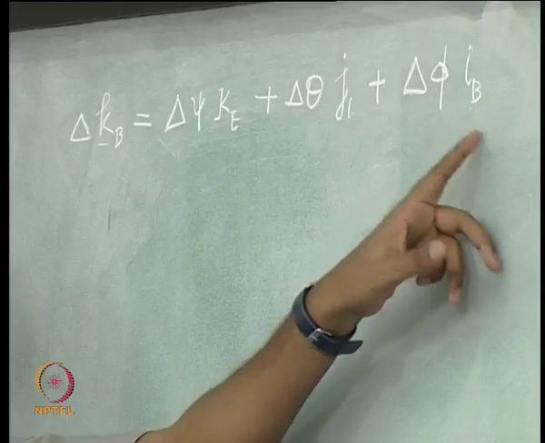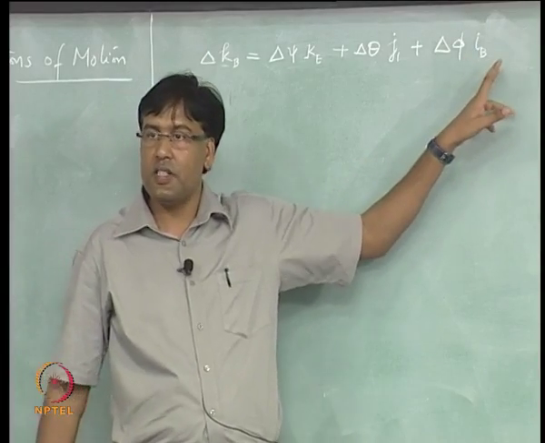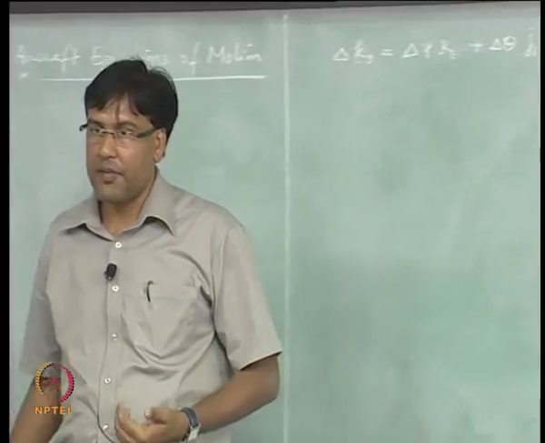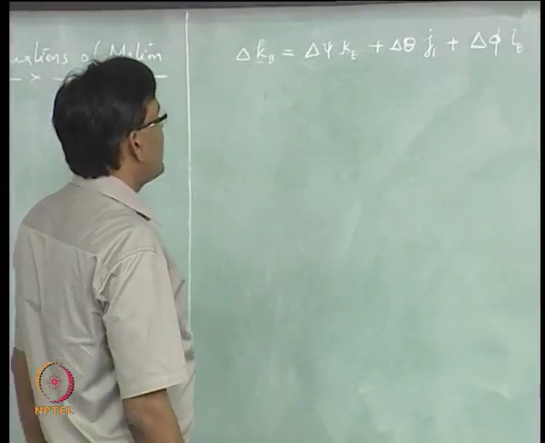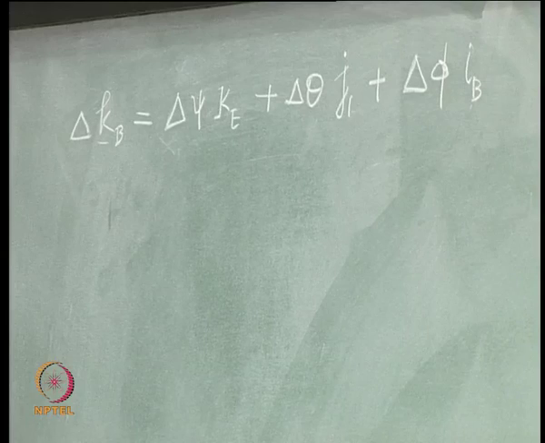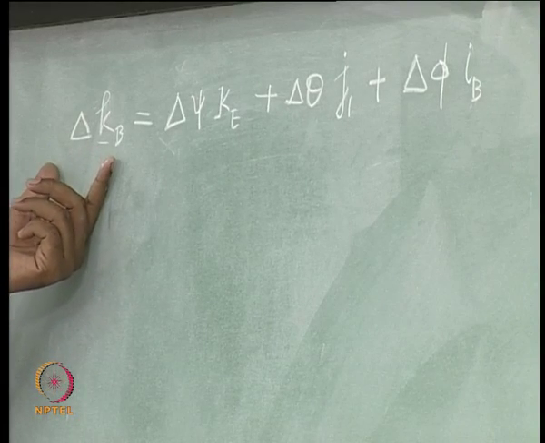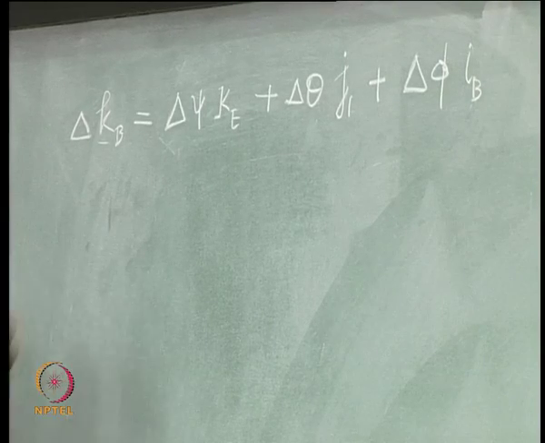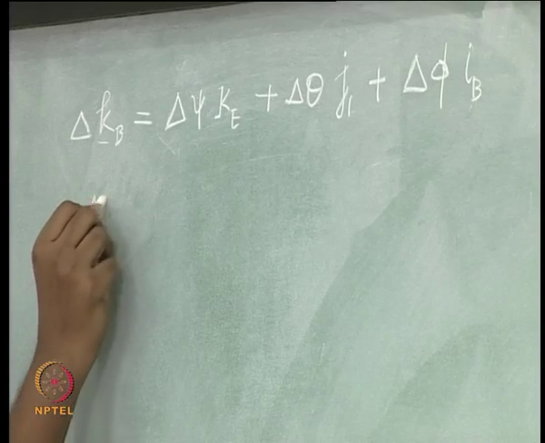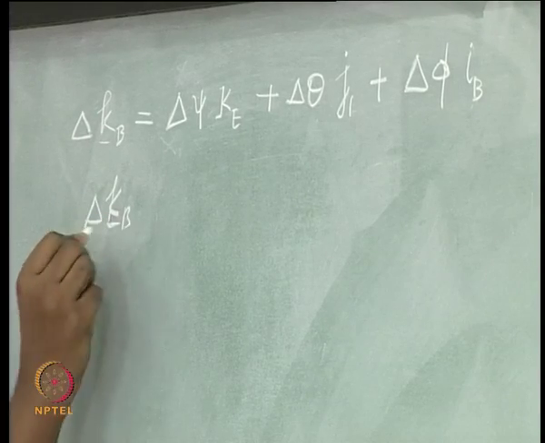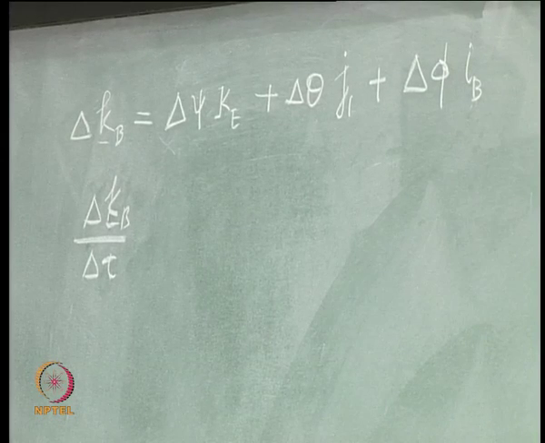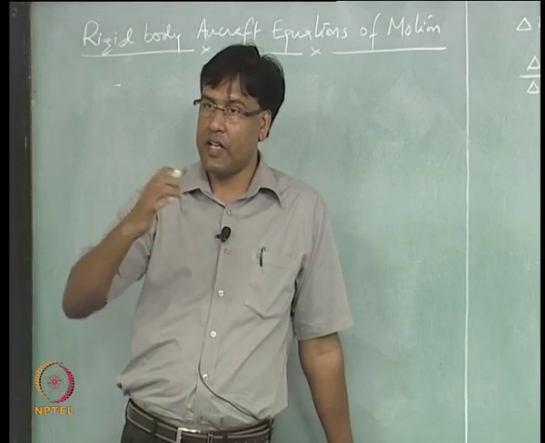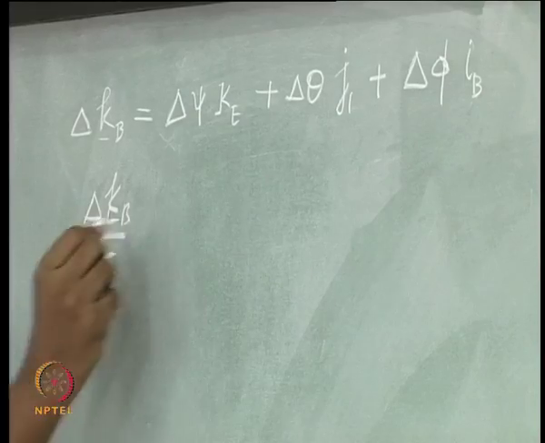So, unit vector along x axis of the aircraft, right. All right. Now, you take the derivative of this with respect to time, or I divide it by time delta t, this is going to give me a rate of change in the attitude, right.